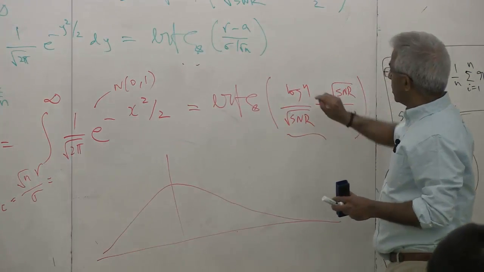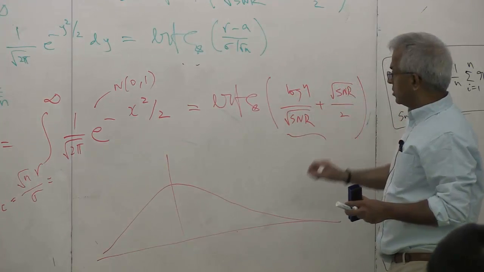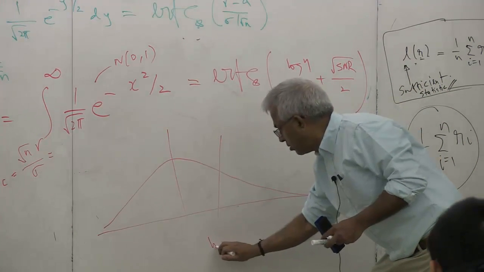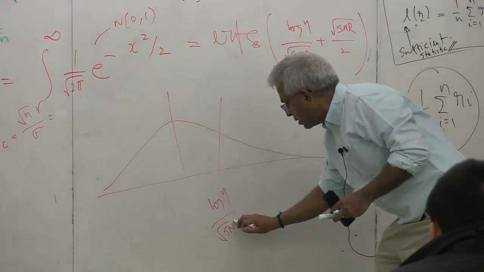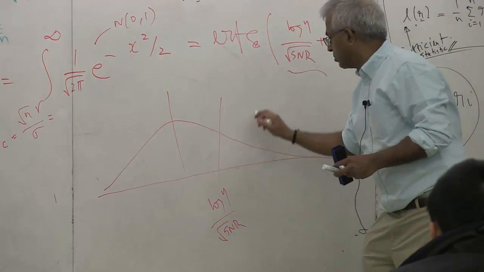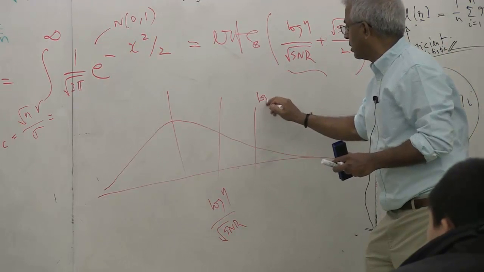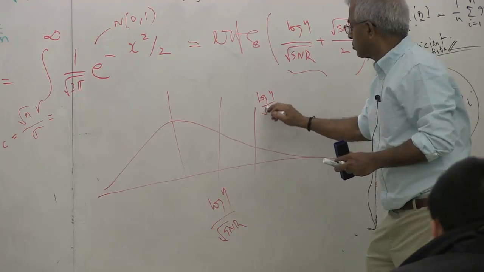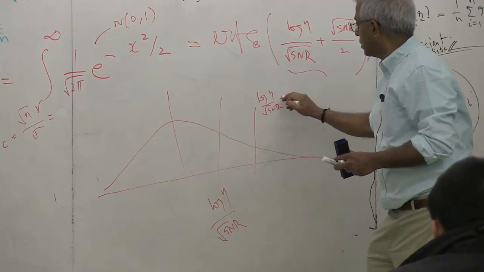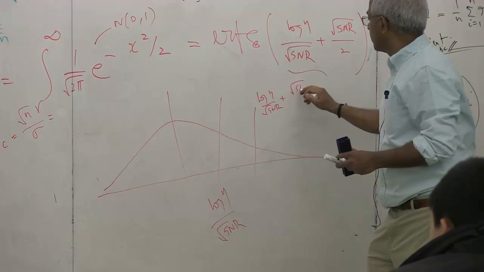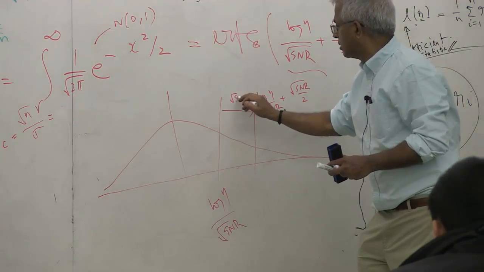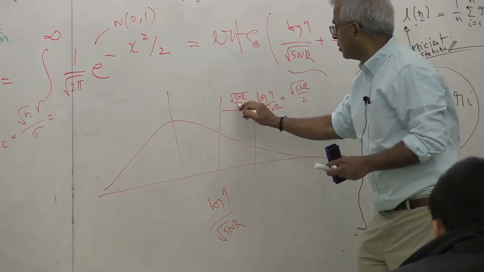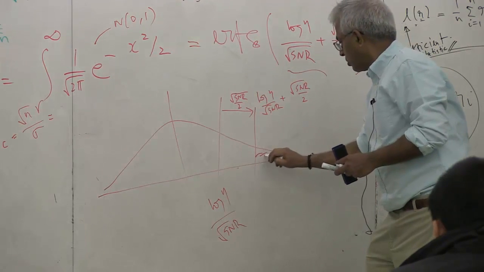Look at this number, some number plus something. So this number is log eta over square root of SNR is here. Then you are adding something, so this is going to be log eta over square root of SNR plus square root of SNR by 2. In other words, you push square root of SNR by 2 this way, and then you look at this area.